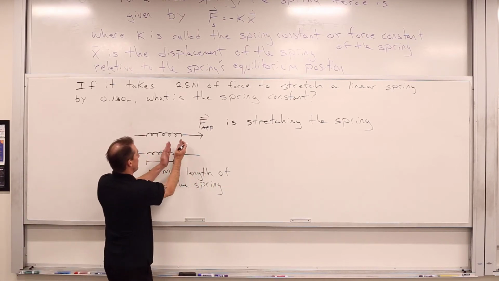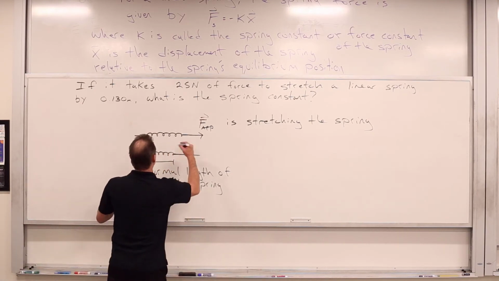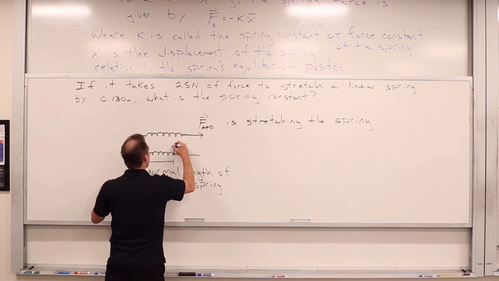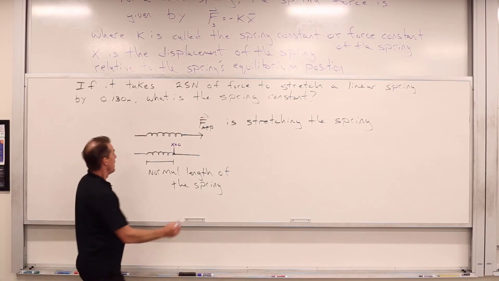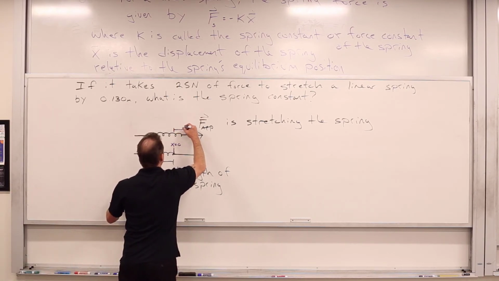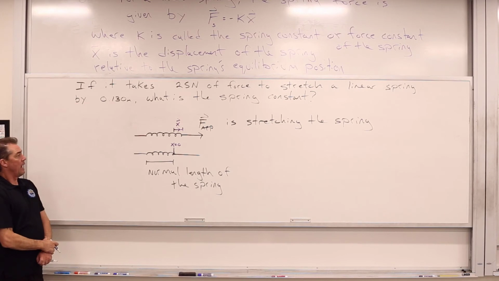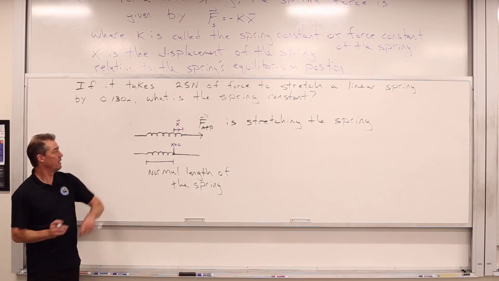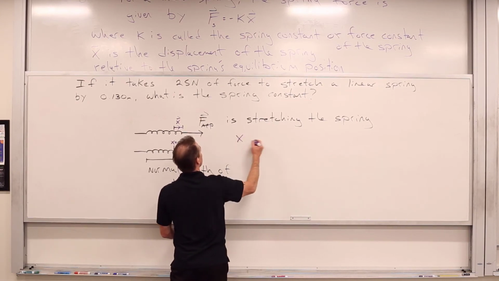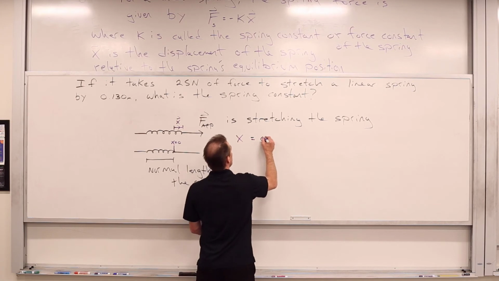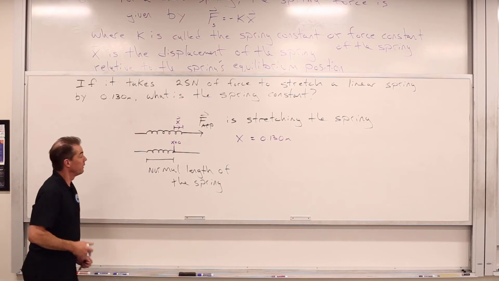We apply this force to it and we stretch it by this 0.130 meters. So I could call this x equals 0, the equilibrium position of the system, and then note that the spring has been displaced x hat, that much, relative again to equilibrium. So in our particular case, x is equal to 0.130 meters, and directionally it's in the direction of the force itself.